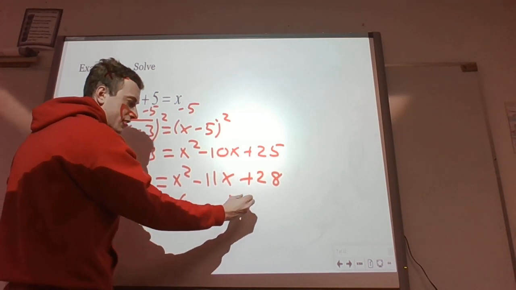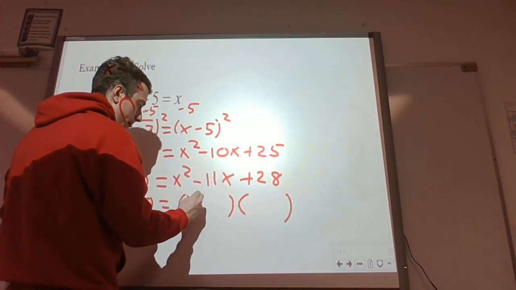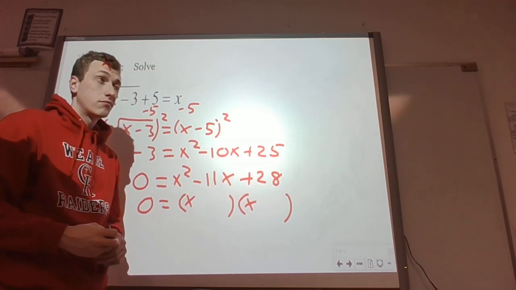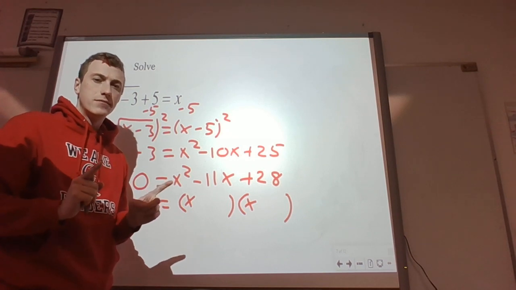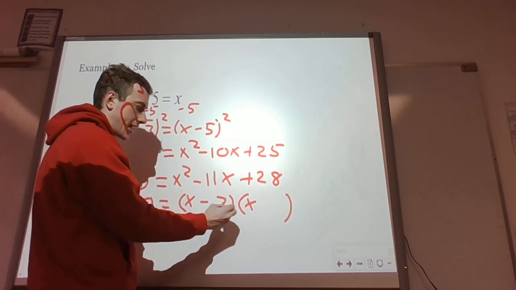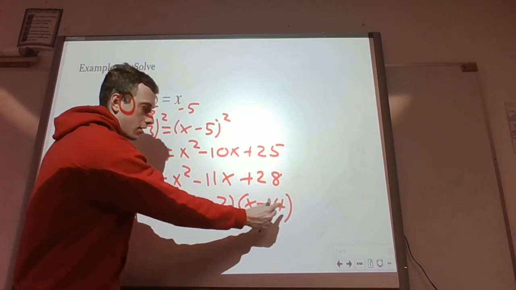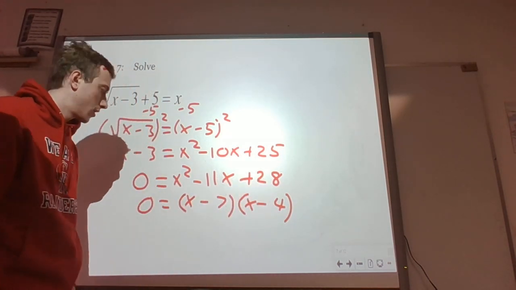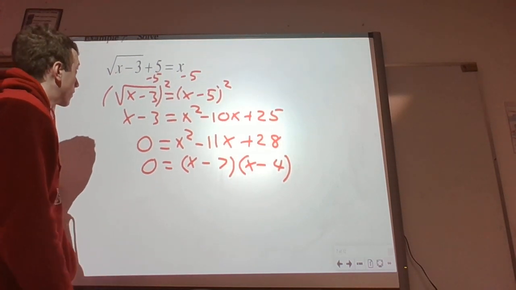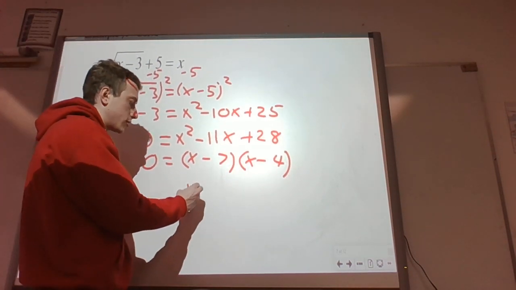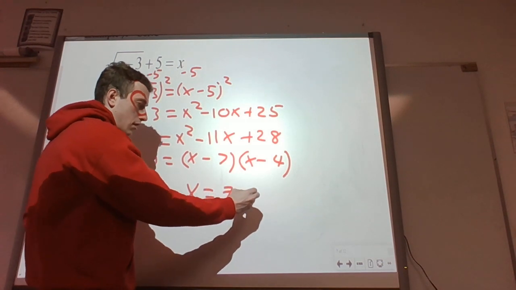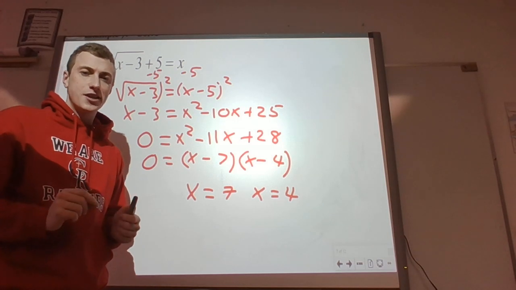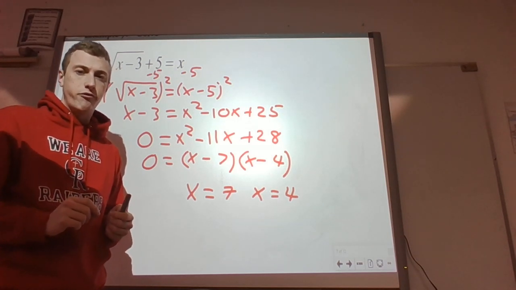Let's see if we can factor that. 28 is 7 times 4, that ought to do it. Negative 7 and negative 4, I suppose, would add to negative 11 and multiply to positive 28. Okay, so we have two possible solutions to check. We should check both of these solutions, x equals 7 and x equals 4.